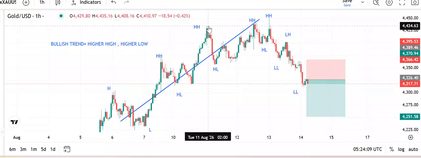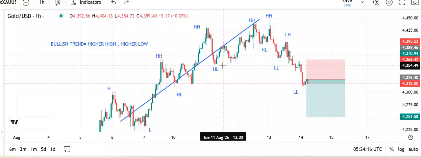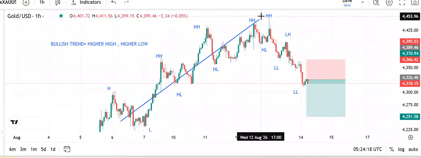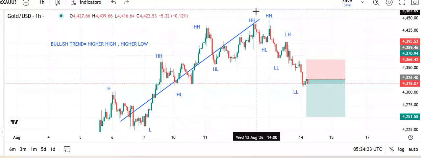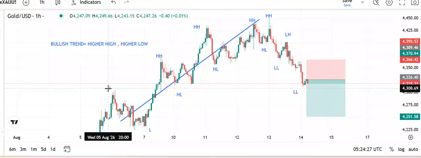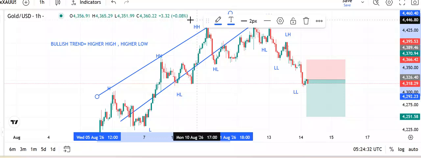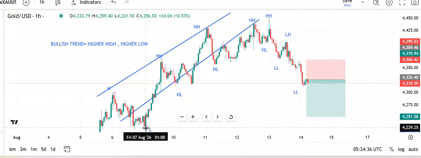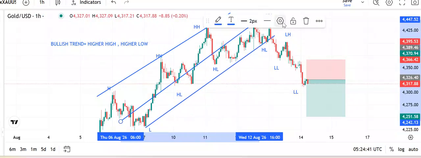Then you have another price making another higher high. This high is higher than this, and this is making another higher low. This goes up. So you have these characteristics where you start to see higher high, higher low, higher high, higher low. That particular formation by price is called uptrend or bullish trend.